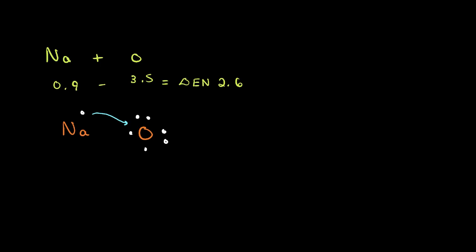So you're going to need to have a second sodium atom here, because that other electron that's needed for oxygen to be stable has to be pulled up like this from a second sodium atom.